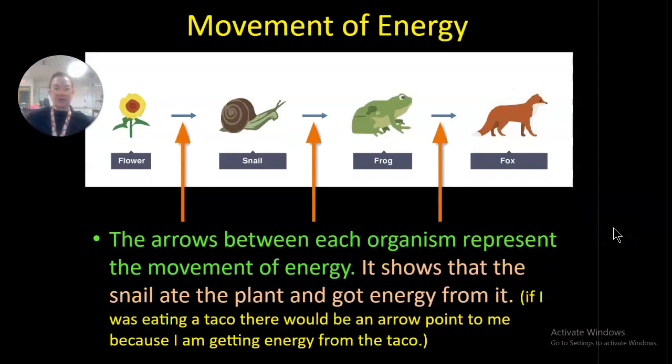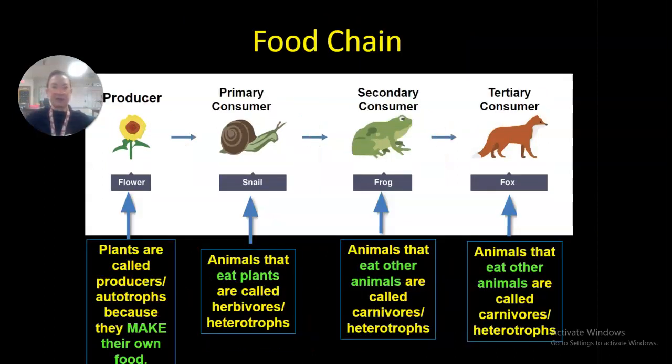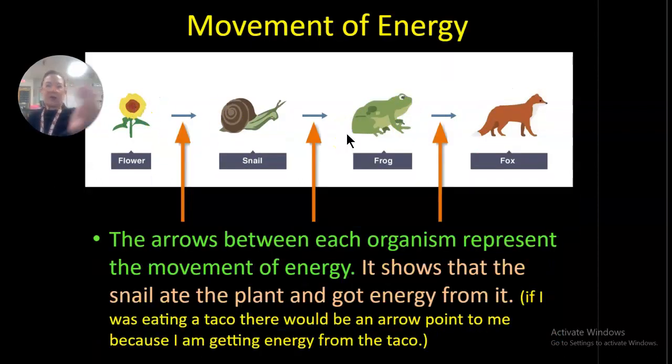Okay, so then what we have is called the movement of energy. If you notice from the previous one, I have these little arrows here, and these are showing how that energy is moving towards the next one.